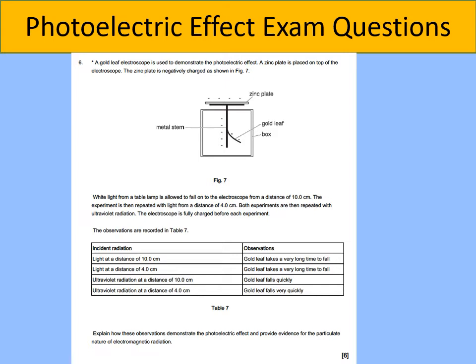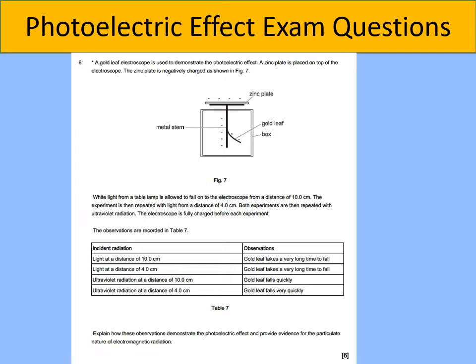The observations are recorded in table 7. So we have incident radiation, light at a distance of 10 centimeters. The observations were that the gold leaf takes a very long time to fall. Essentially, it won't fall for quite a while, so there'll be no effect, essentially. The second one, light at a distance of 4 centimeters, so we're increasing the intensity. Gold leaf takes a very long time to fall, so no difference there.